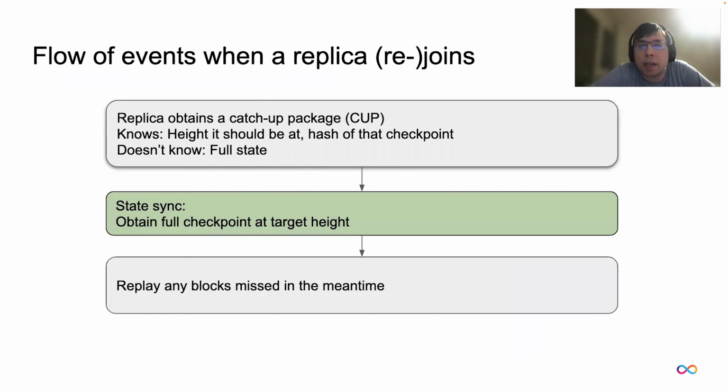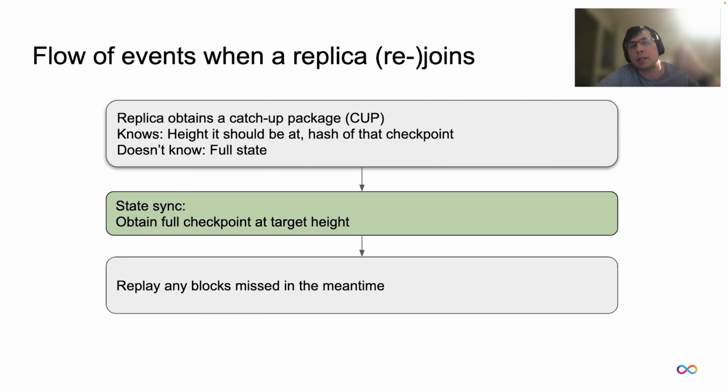So if a replica tries to rejoin a subnet, or in fact, even if it tries to join a subnet, a replica might be newly assigned to a subnet by the NNS. In both cases, the process is the same. First, it needs to get the most recent CUP, which contains a lot of interesting cryptography, which unfortunately is outside the scope of this talk.